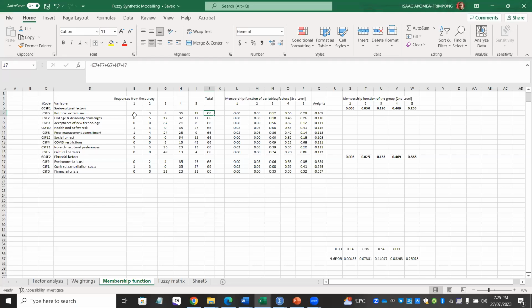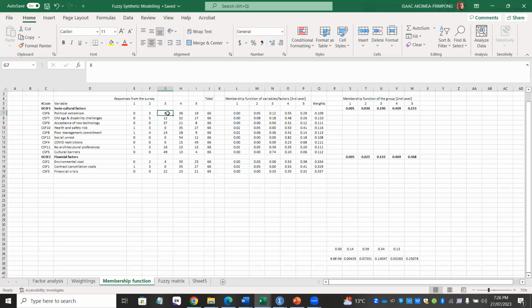Okay, so from what I've done, as you can see, no respondent ticked 1 on political extremism, strongly disagree. But we got 3 respondents who ticked 2, which represents disagree on political extremism.